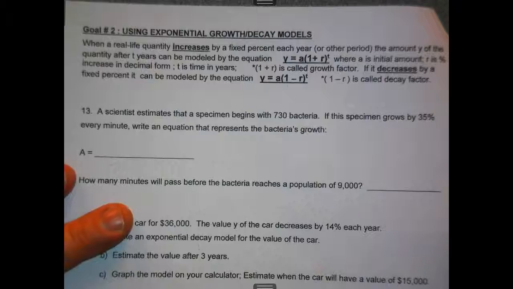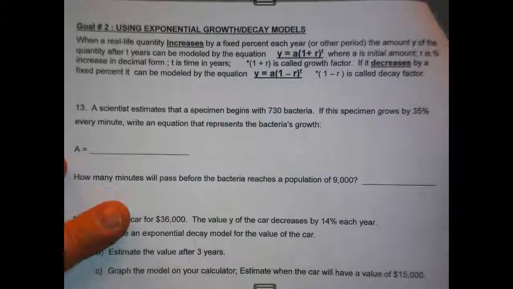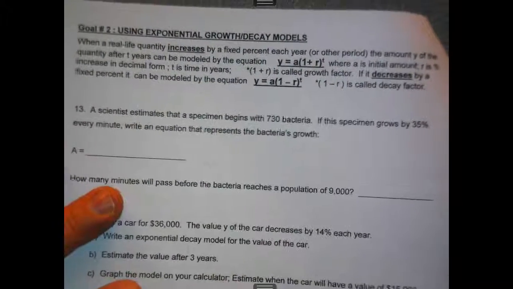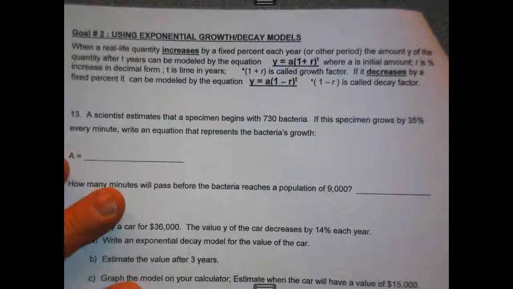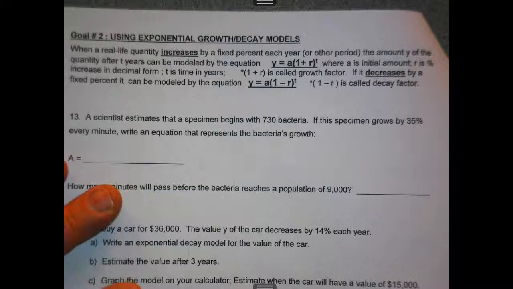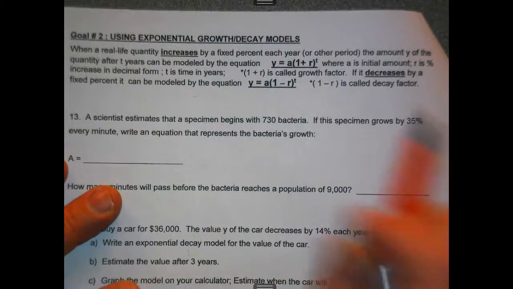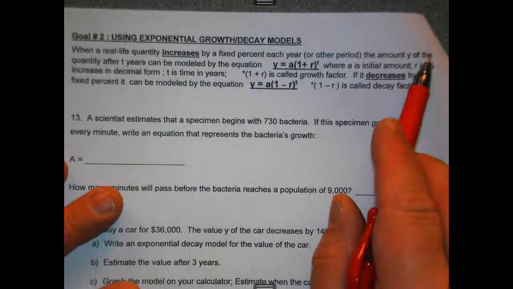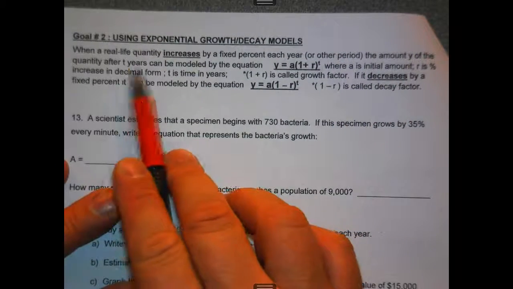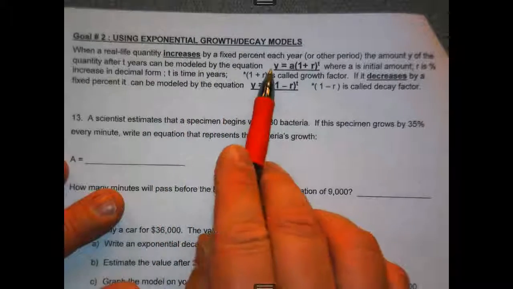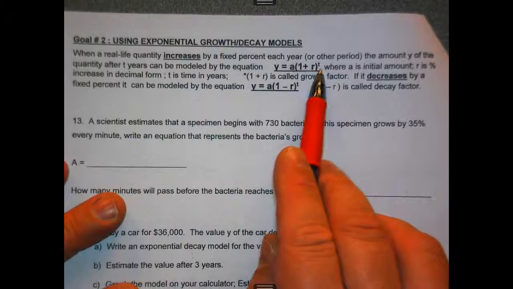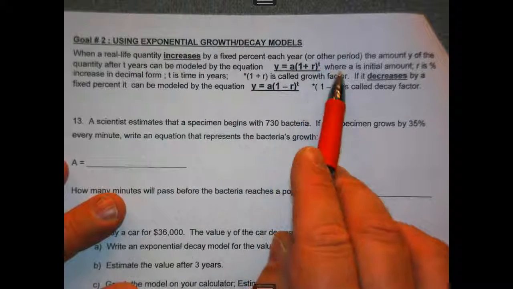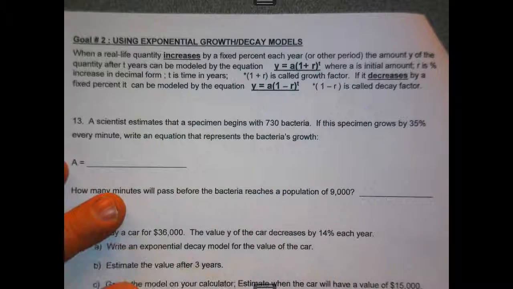Part 2, or goal 2, using exponential growth and decay models. Okay, when a real life quantity increases by a fixed percentage, like your interest on credit cards, right, or other period, the amount y of the quantity after t years can be modeled by the equation y equals a times the quantity 1 plus r raised to the t, where a is the initial amount.